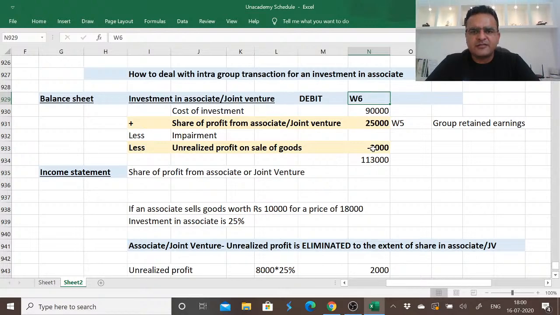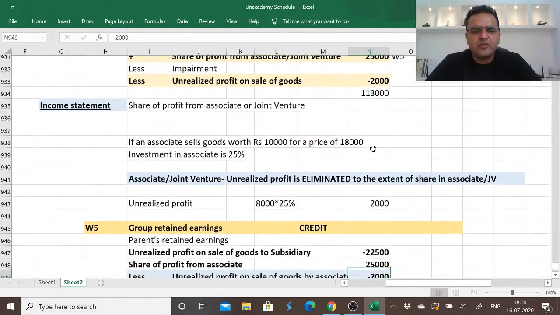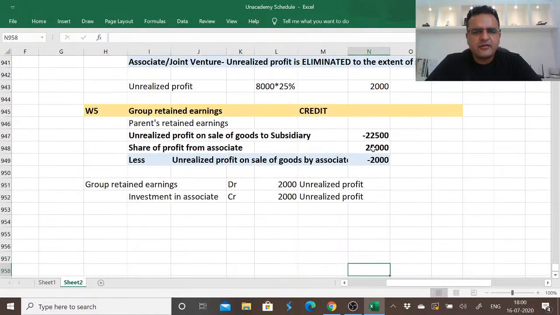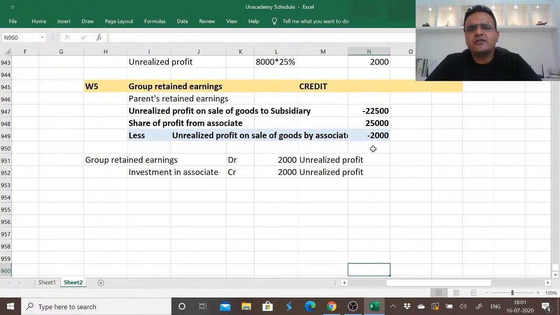So that unrealized profit we remove from both sides. Direction of sale is irrelevant. Whether parent sells to associate or associate sells to parent, we eliminate it from the group retained earnings and from the investment in associate. This is how we deal with intra-group transactions between an associate, JV, and subsidiary.